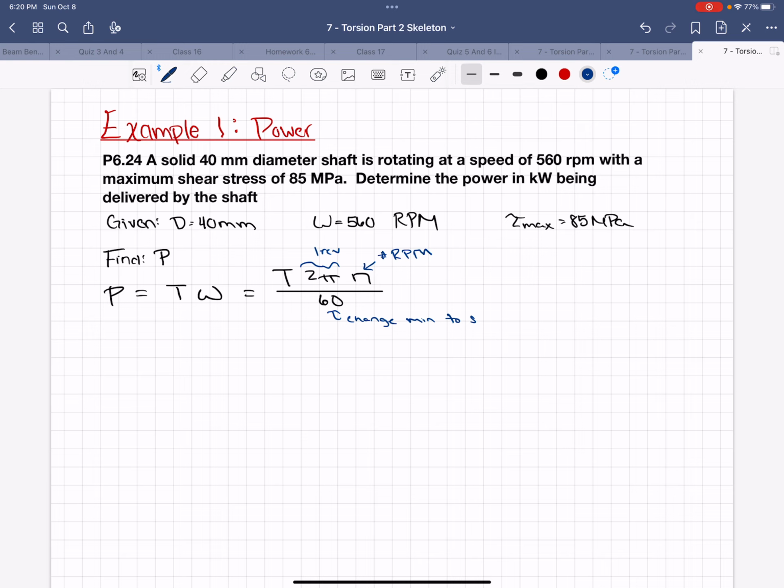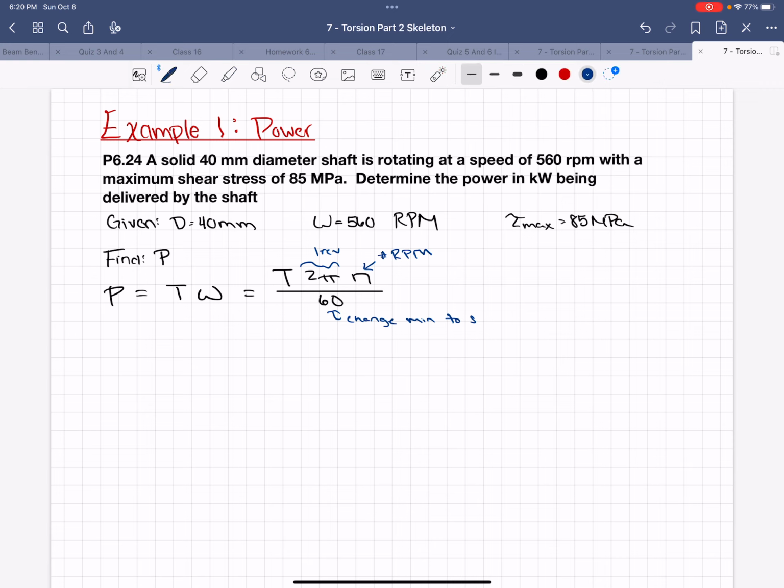We need to find the power. But first, we need to find the torque. We don't know the torque, but we can find it using this maximum shear stress that they told us.